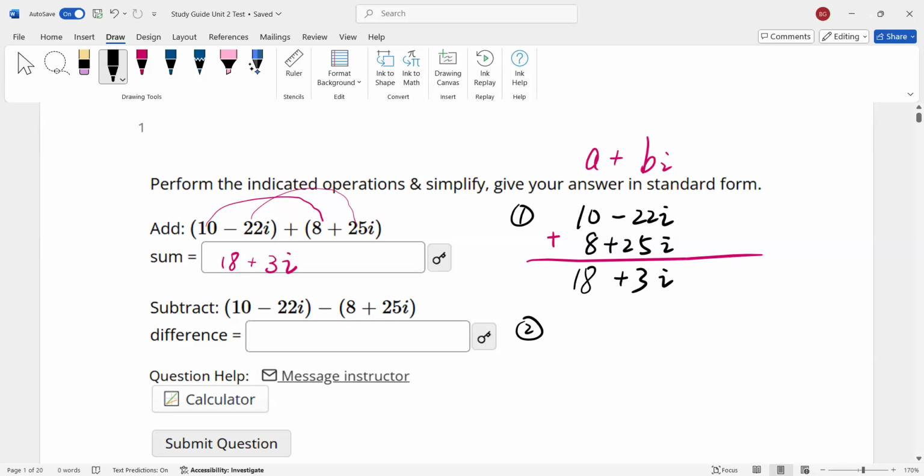What do you have, guys? I got 2 minus 47i.